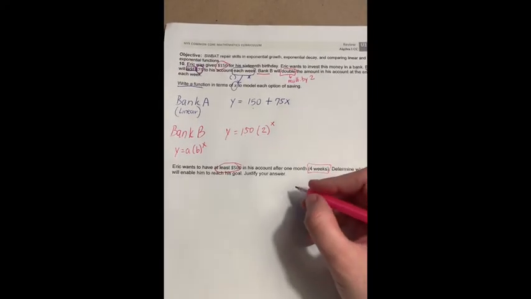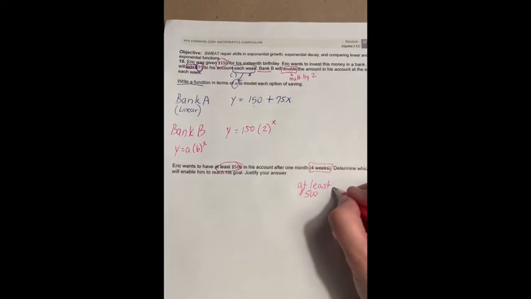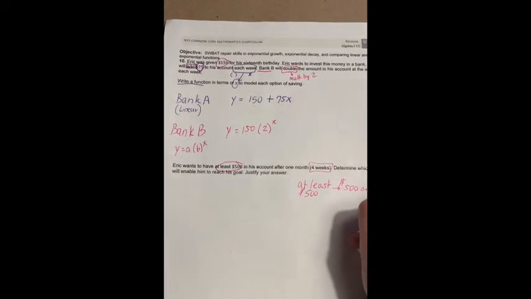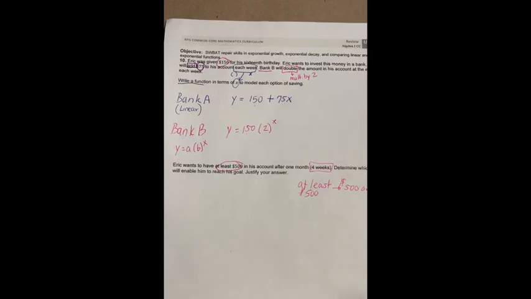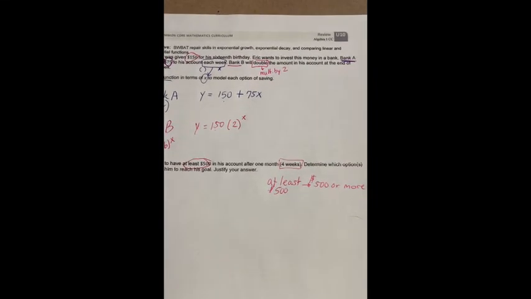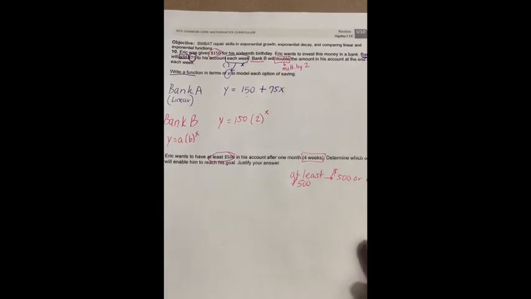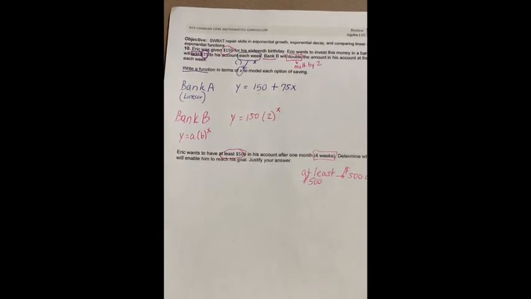So I'm just going to write myself a little note over here. At least 500 means that it needs to be 500 or more. So we're going to use both equations to figure out which one will be the correct one for him to use. Should he use Bank A or should he use Bank B?